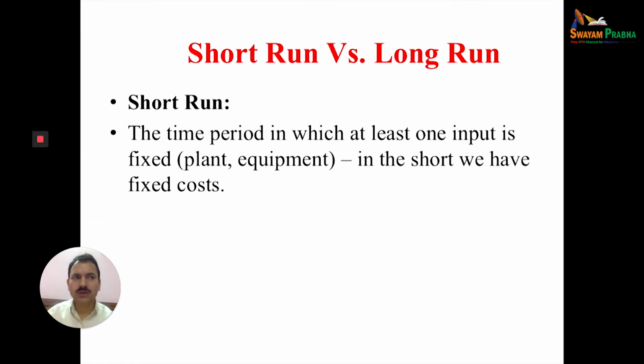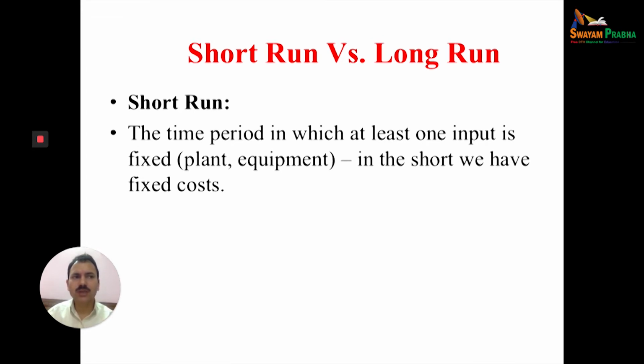The short run cost curve has three types: total cost, average cost, and marginal cost. Total cost can be further divided into two parts: total fixed cost and total variable cost.